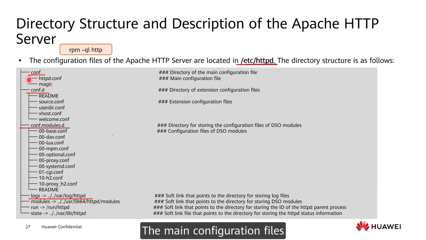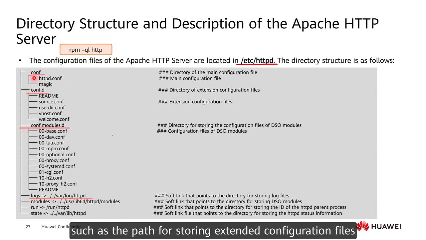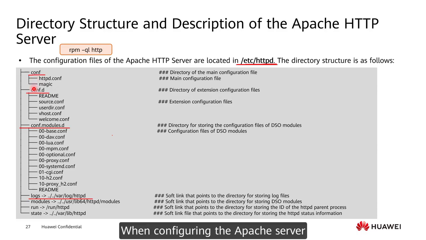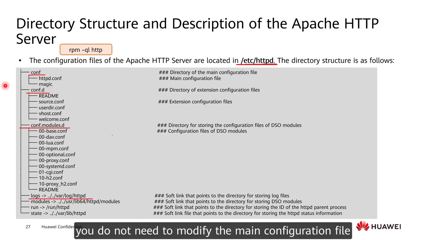The main configuration file is used to store global configurations, such as the path for storing extended configuration files. When configuring the Apache server, you do not need to modify the main configuration file. Instead, you need to add or modify the extended configuration file.